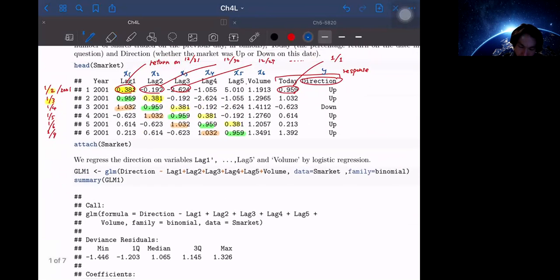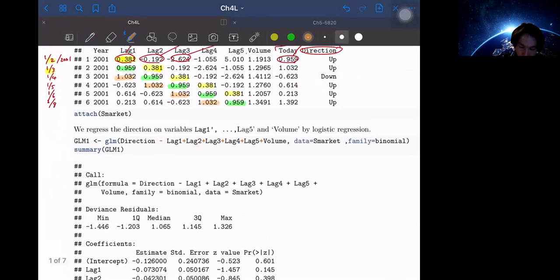Okay, so now we want to regress this y on the other variables x1 to x6. For logistic regression, we use the GLM function. For linear regression we use LM, but this is a more generalized version. The GLM function with no option, the default, does just linear regression, so it is equal to LM.